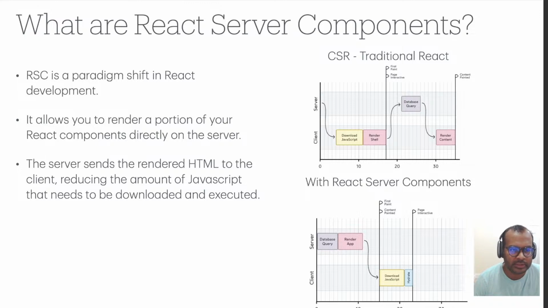And as you can see, a typical application, which takes close to 30 plus milliseconds to render in CSR fashion, takes about 30 to 40% less time to render using React Server Components.